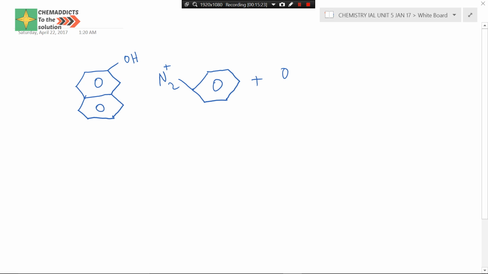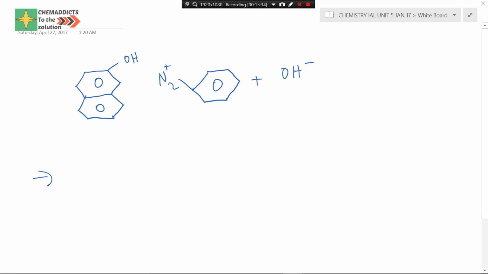Here is the naphthol, and this is the diazonium ion, plus hydroxide would give us this reaction.